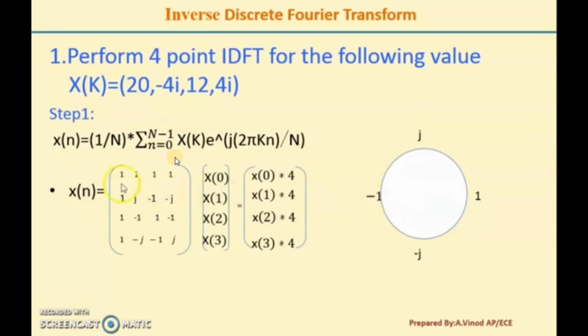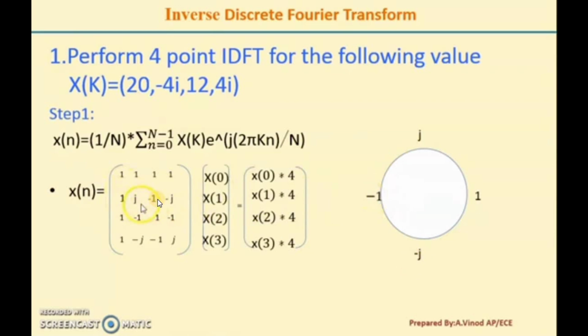So what you have to do: to find x of 0, you substitute 1, 1, 1, 1. Next, instead of going in the clockwise direction, you go in the anti-clockwise direction. So you write 1, j, minus 1, minus j.